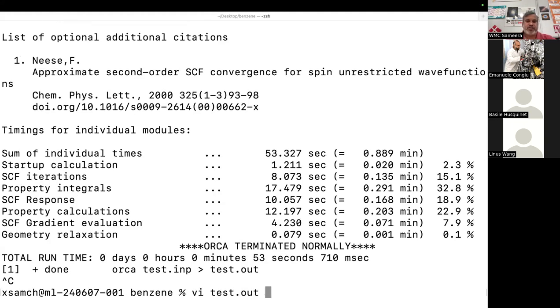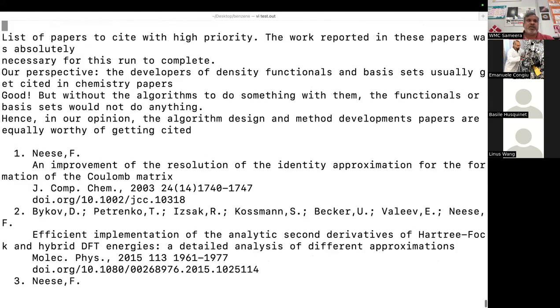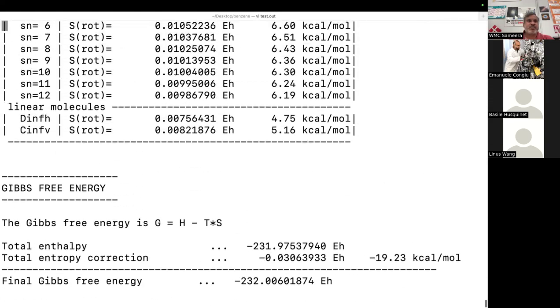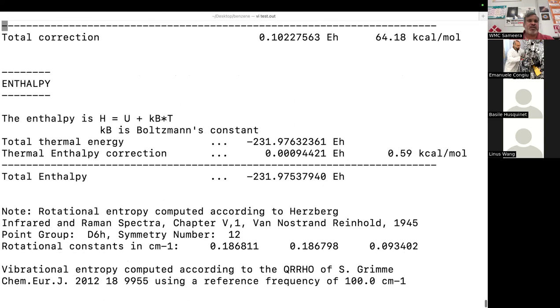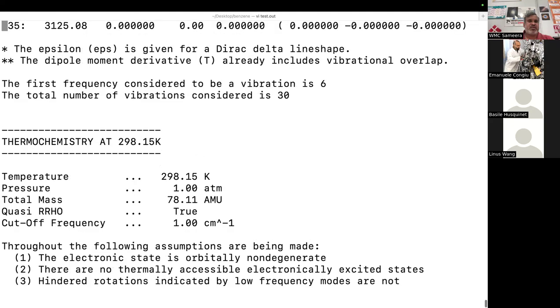Now the calculation is finished. It's a normal termination. If you go up, you can see the vibrational, I mean the frequency data, you can find.